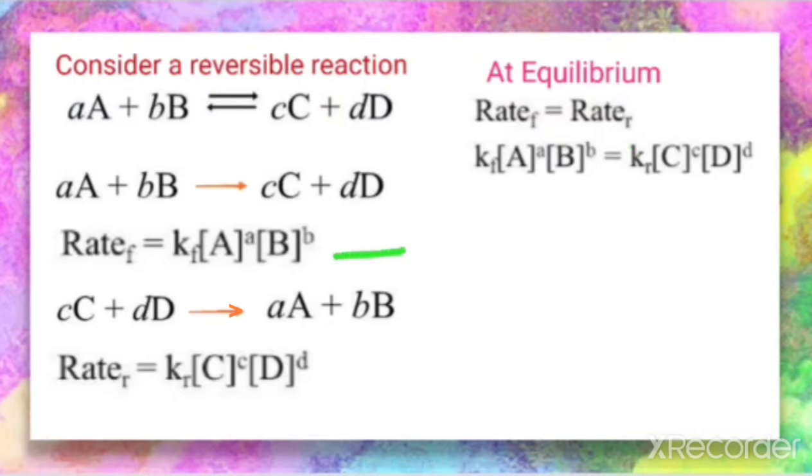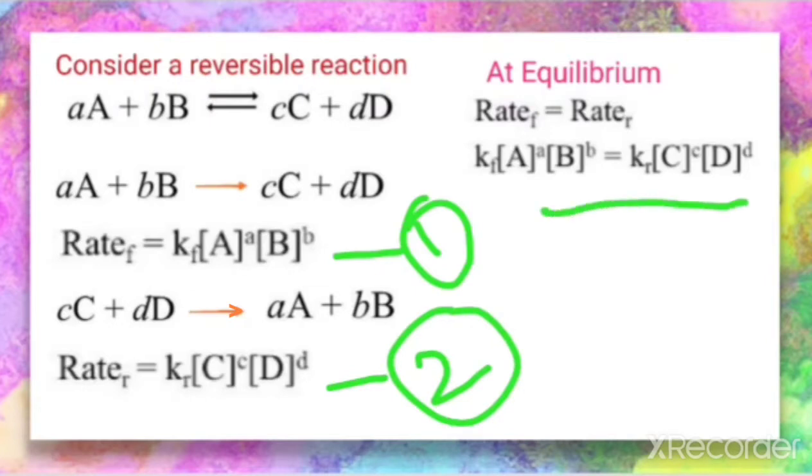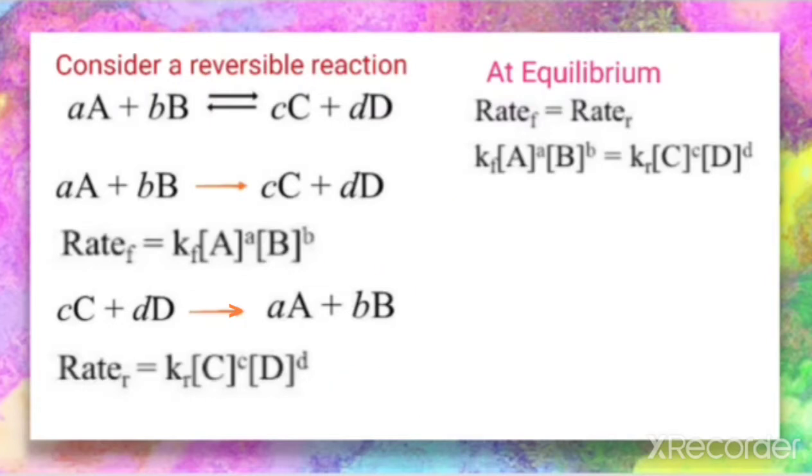So when you equate equation number 2 and 1, you get this equation: Kf times the concentration of A to the power a times the concentration of B to the power b is equal to Kr, which is a constant, times C to the power c, D to the power d.